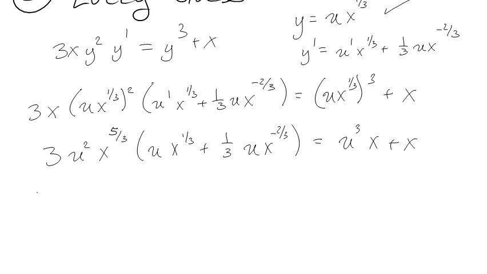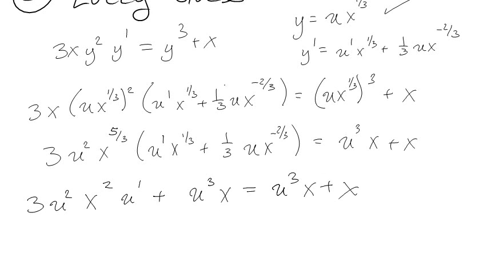Alright, so distributing, I forgot that, u squared, x to the 6/3, which is 2, u prime, plus u cubed, x to the 3/3, which is 1. Yay, stuff cancels, because if it didn't, I'd be scared.